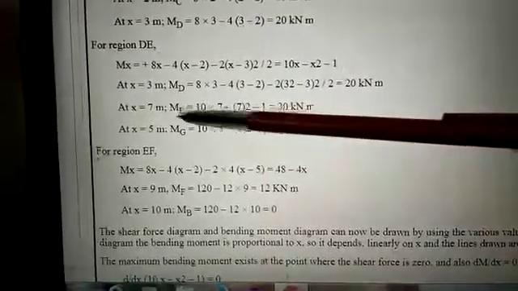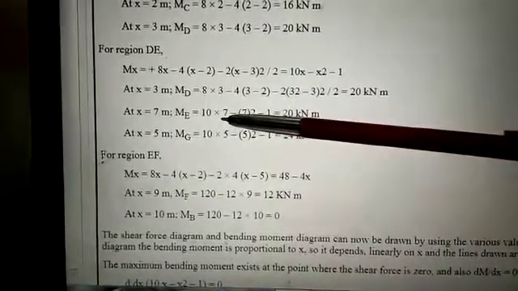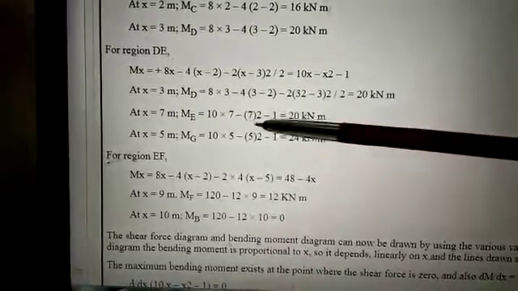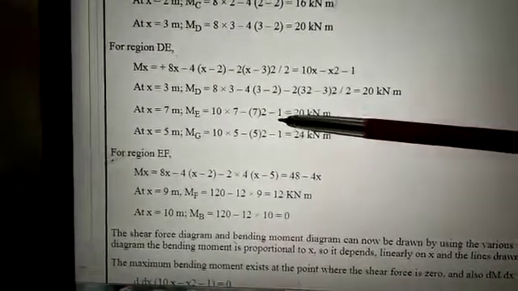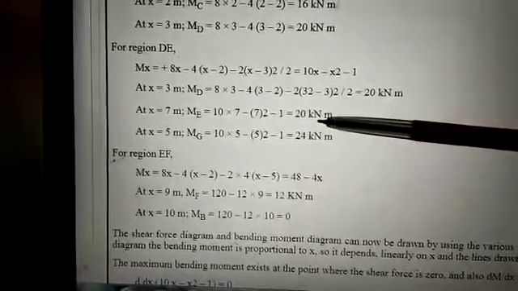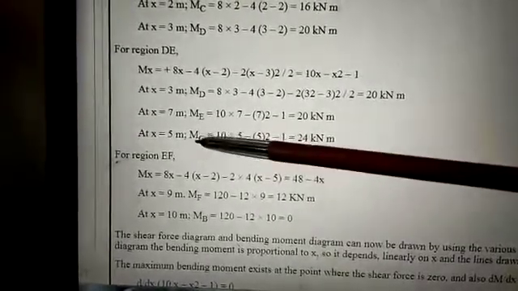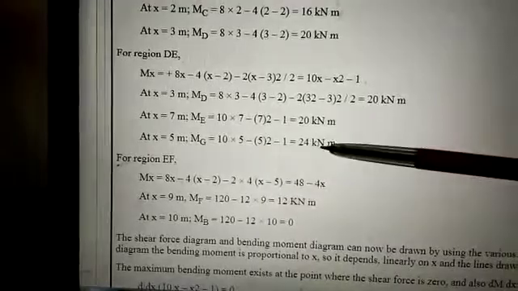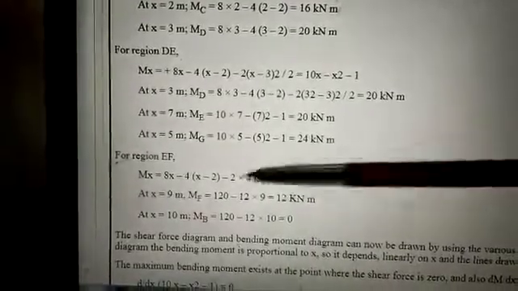Then we will find out the value at x is equal to 7 meters. So we obtain 10x minus x square, 7 square, minus 1. We obtain it as 20 kilonewton meter. Then at x is equal to 5 meter, we obtain the value as 24 kilonewton meter.